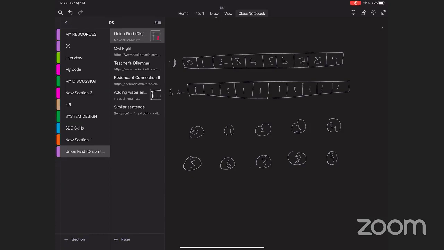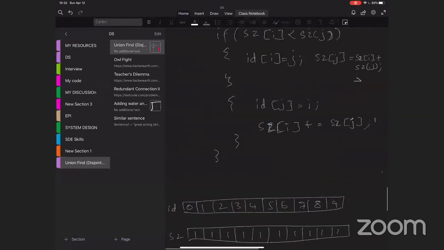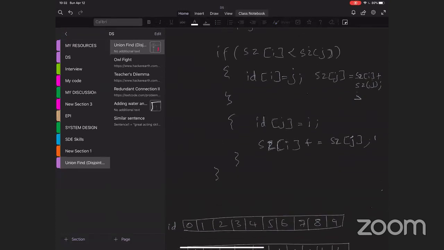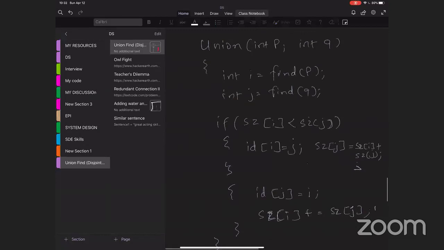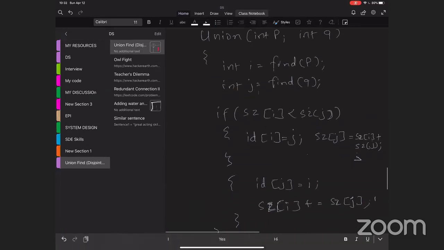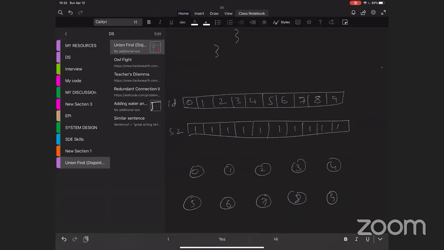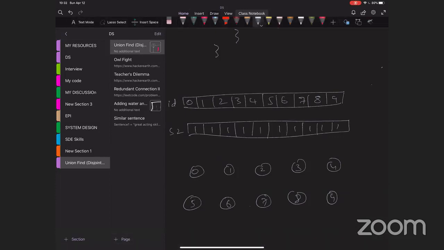You said 1 and 7? Yeah. Okay, so for 1 and 7, the sizes are both the same, right? So it will go to the else block. So basically we are setting ID of J to ID of I. So we are setting ID of J, that is 7, to ID of 1, right? Yeah, correct. So this becomes 1, and size we are changing here, right?